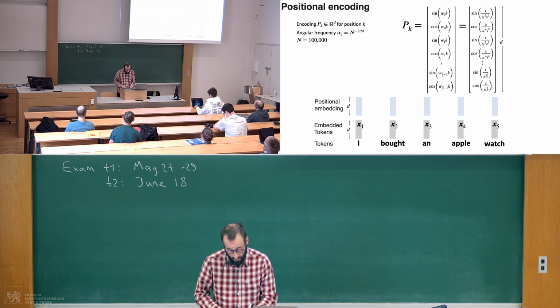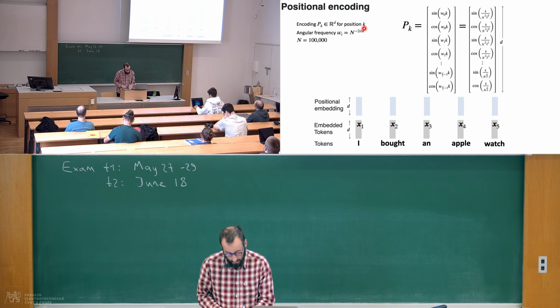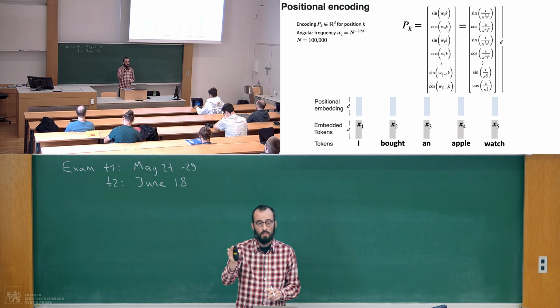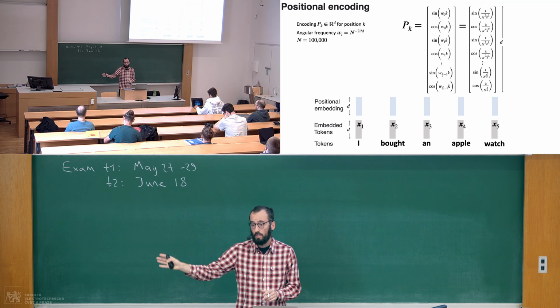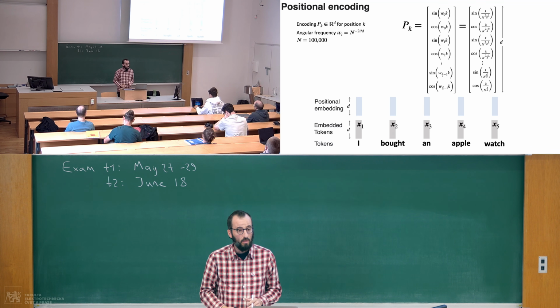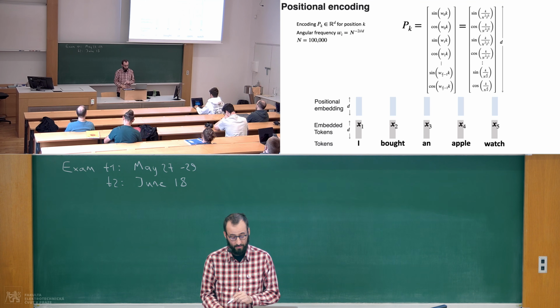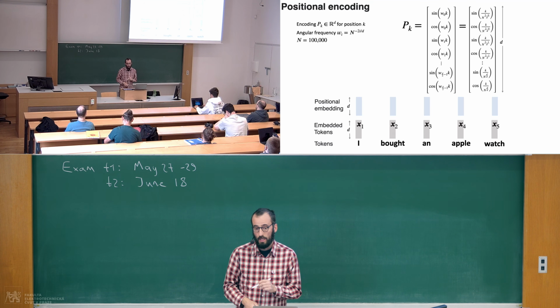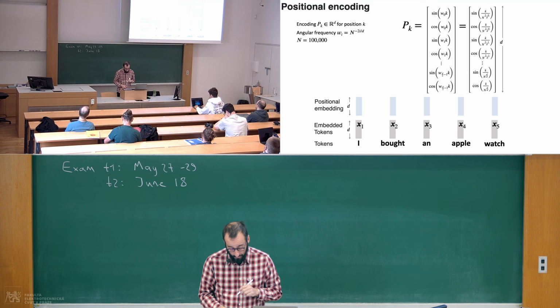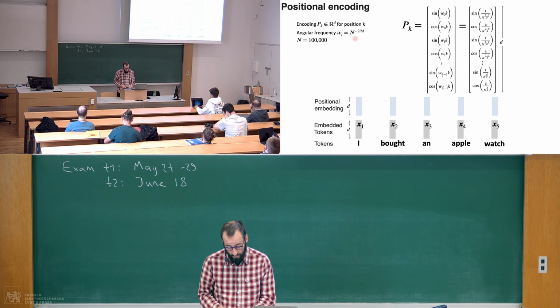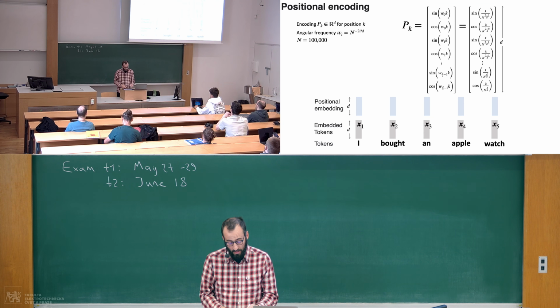Here k is the position in the sentence: 0, first, second, and so on. It's discretized, an integer. We have different frequencies for the cosine and sine terms that change in a logarithmic way.